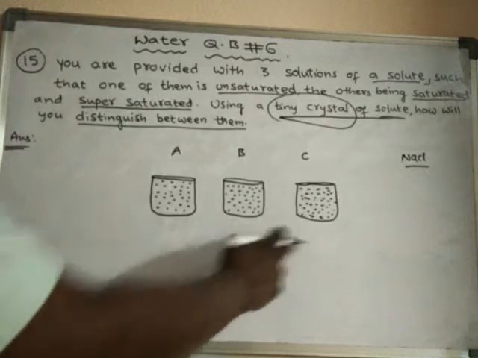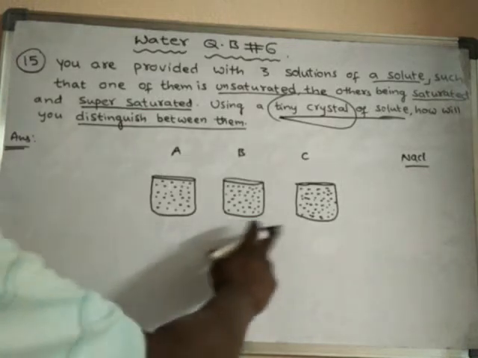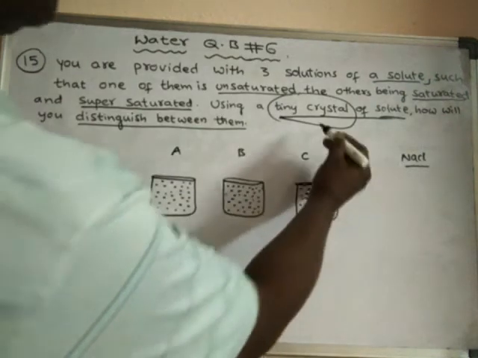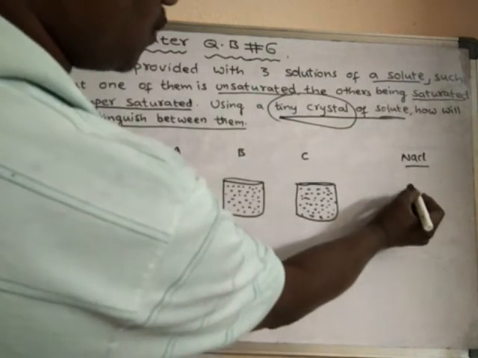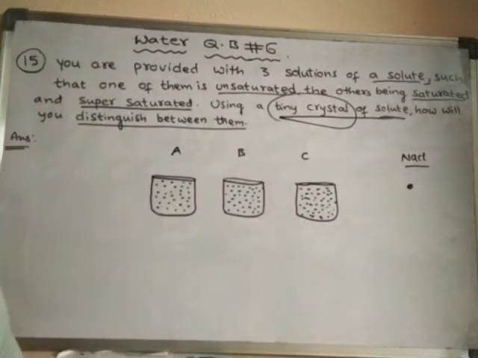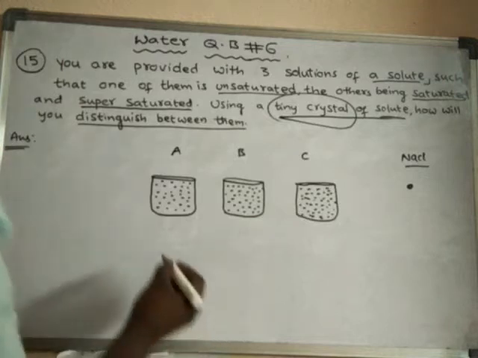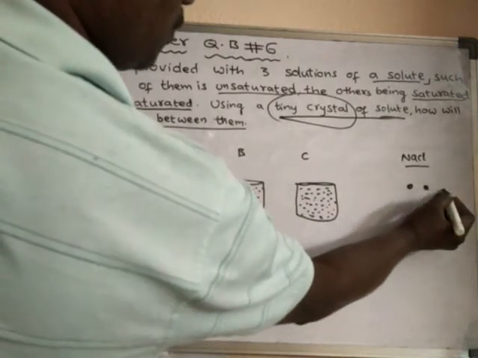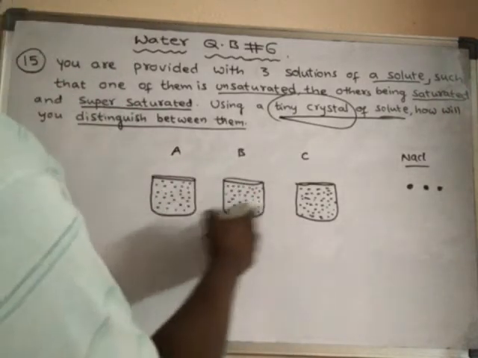So in order to identify them, we'll take a small crystal of sodium chloride, and we have to introduce a small crystal of sodium chloride, one into each.